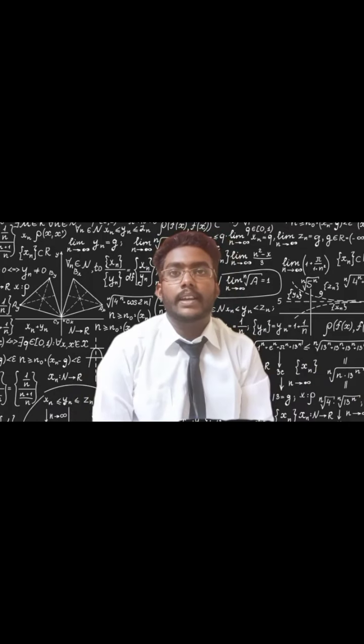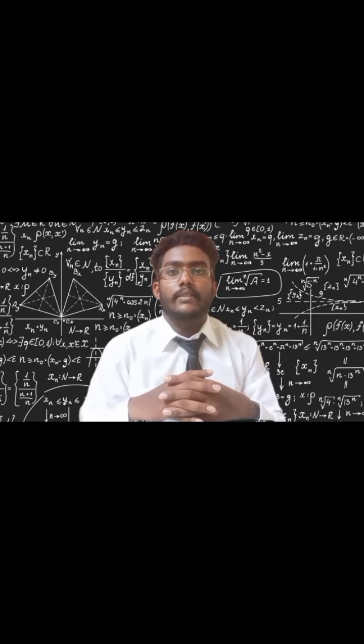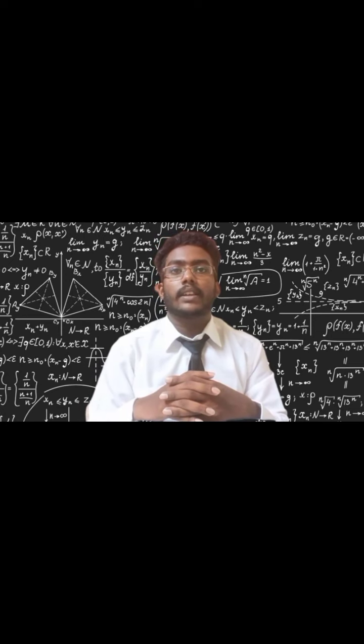Second step, we are going to multiply all of them. Open bracket negative 3 times 1 minus 5 times negative 2 close bracket I, minus open bracket 3 times 1 minus 4 times negative 2 close bracket J, plus open bracket 3 times 5 minus 4 times negative 3 close bracket K. Now we will get the answer 7I minus 11J plus 27K.